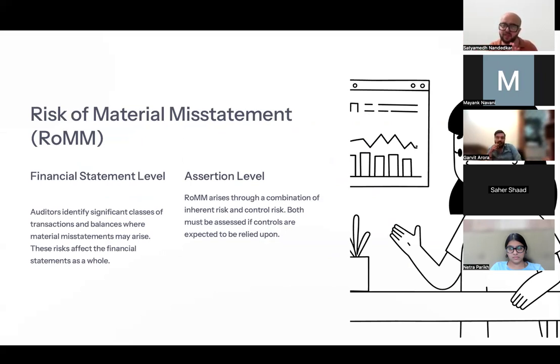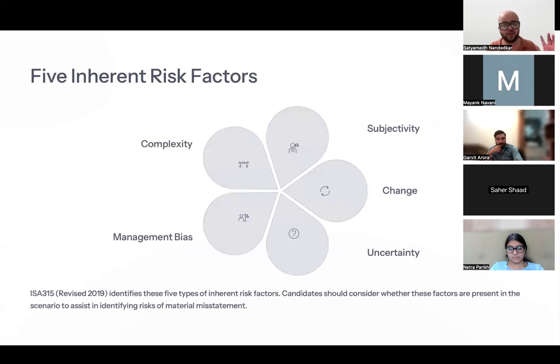In risk of material misstatement, it could be at the financial statement level or at the assertion level, which is why think about what can go wrong in that area, plus from the financial statement assertion angle what can go wrong. Then when we are talking about inherent risk, there are certain items which by their very nature are susceptible to misstatement. So subjectivity, if there is a change in accounting policy very frequently, inherently that item is subjected to more risk.